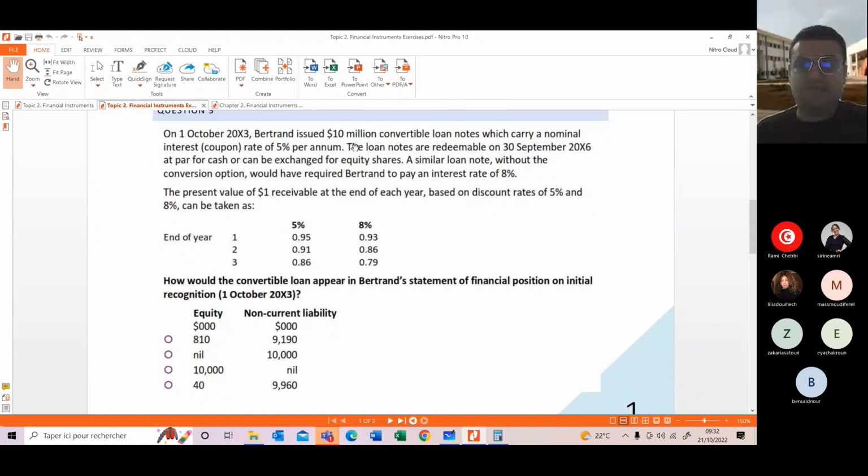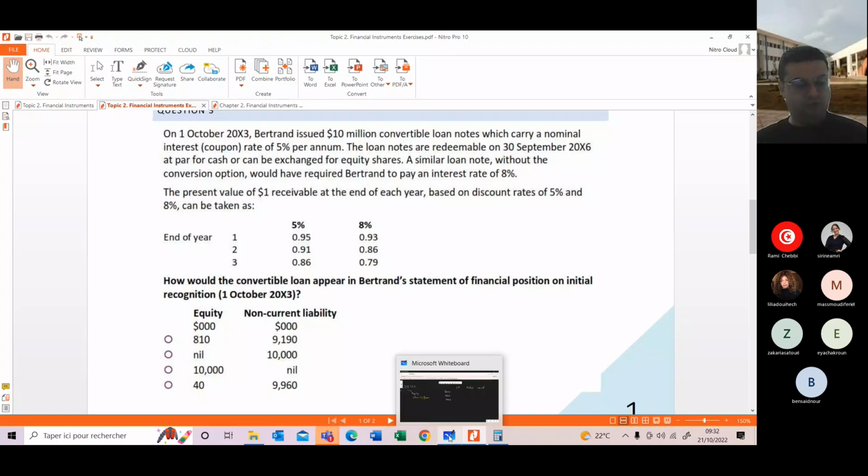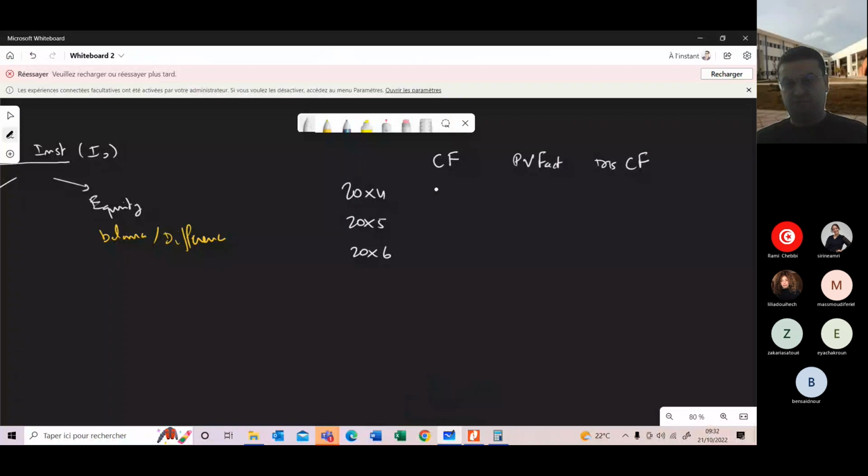Based on the 5% nominal rate or the coupon rate, 5% times 10 million is 500. In 20x5, it's again another 500. But at maturity, which is September 30th 20x6, we're going to redeem 10,500, the principal plus the last coupon interest.